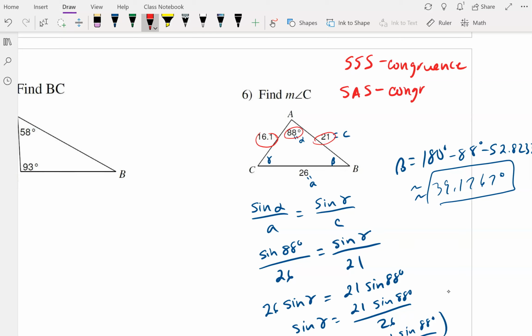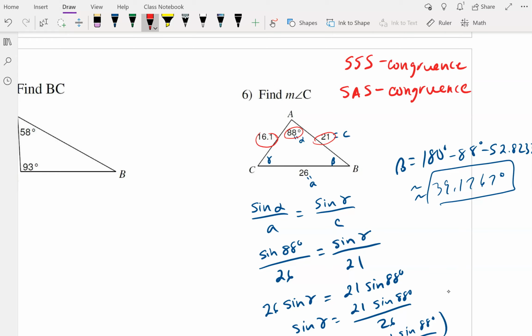That's also a congruence theorem. So the point of all that is, in all of the problems that we did before, the three examples that I've done so far, there was only one possibility that you could possibly get based on the way the triangle was set up for you.